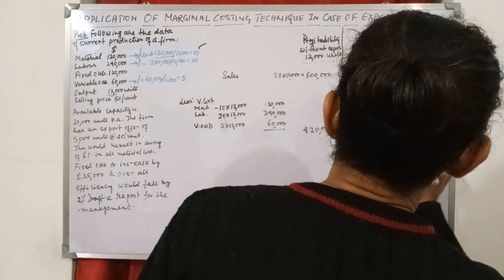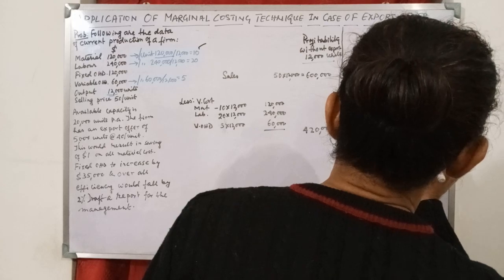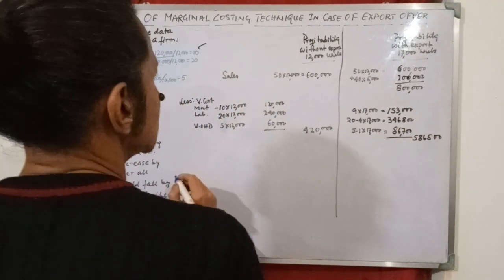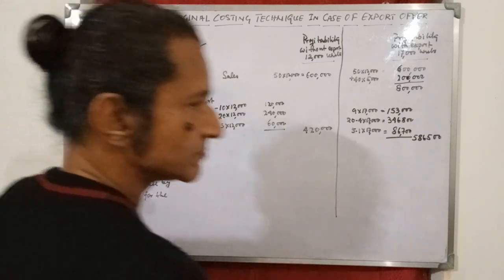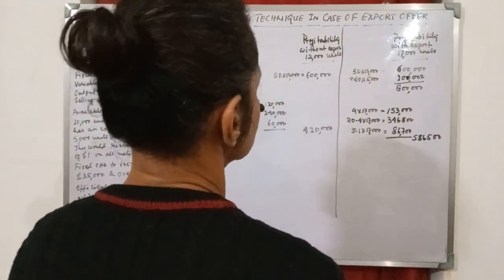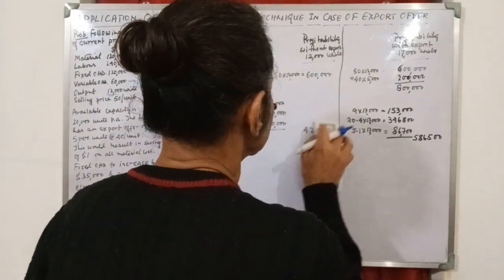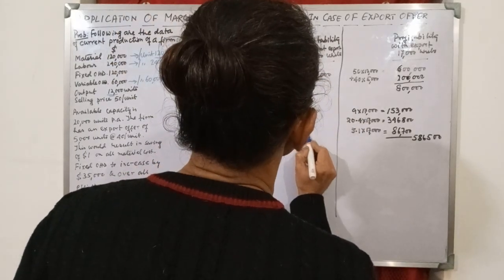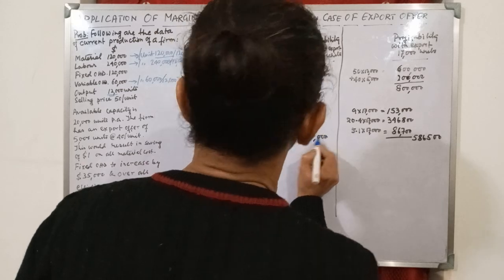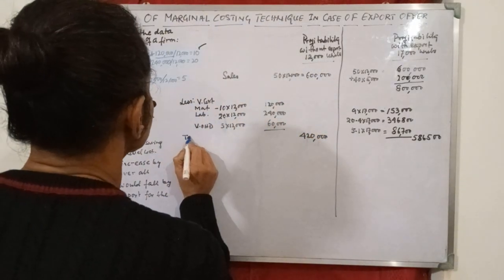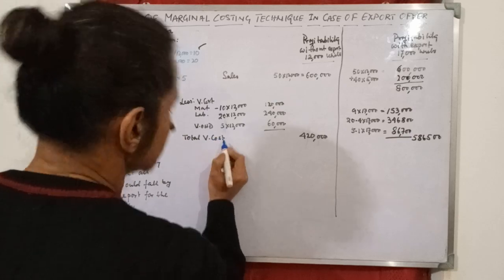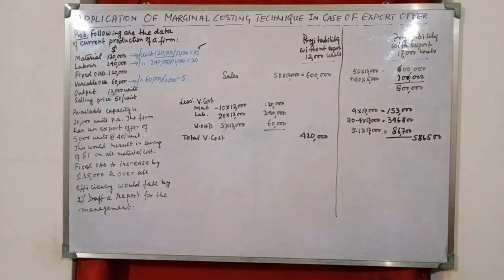Total is 586,500. This is total variable cost. Okay.